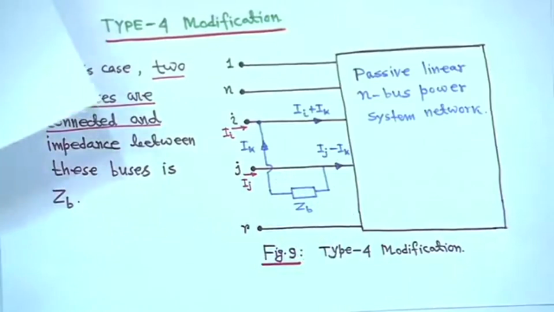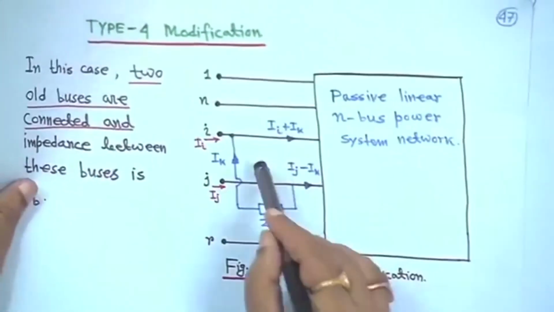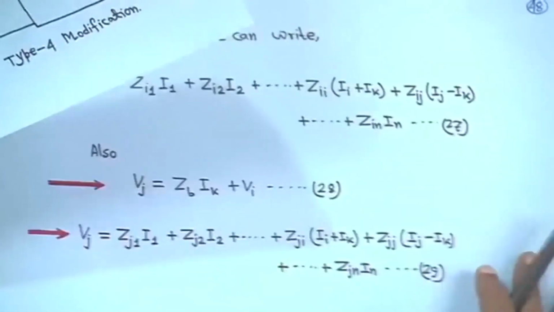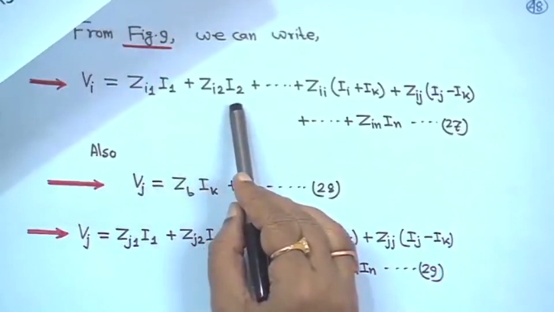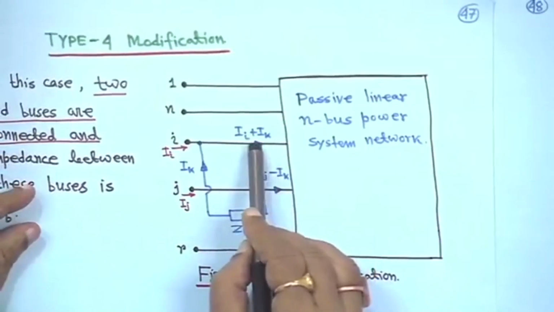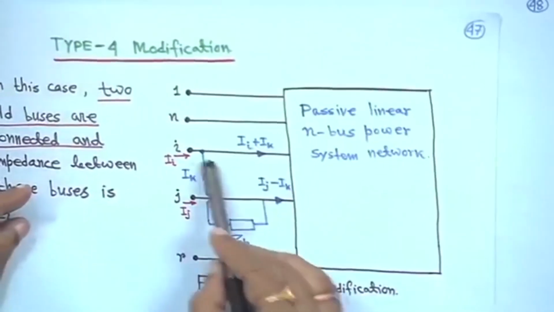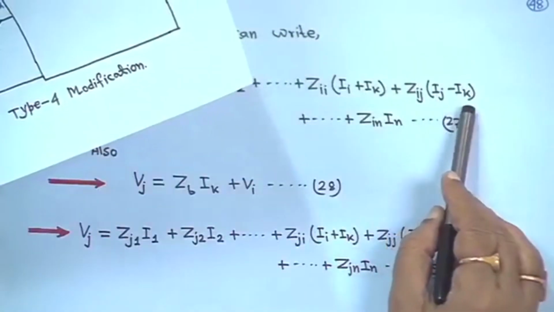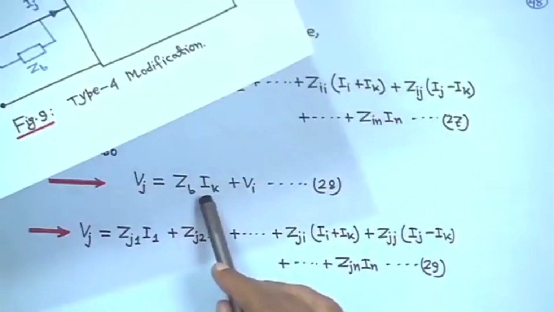So, if you write the equation of Vi, looking at this diagram, you can write Vi equal to Zi1 I1 plus Zi2 I2 plus up to Zii into (Ii plus Ik), because the current injection here is Ii plus Ik, plus Zij, that is i to j, here the current injection is (Ij minus Ik), up to Zin In, and also Vj is equal to Zb Ik plus Vi.